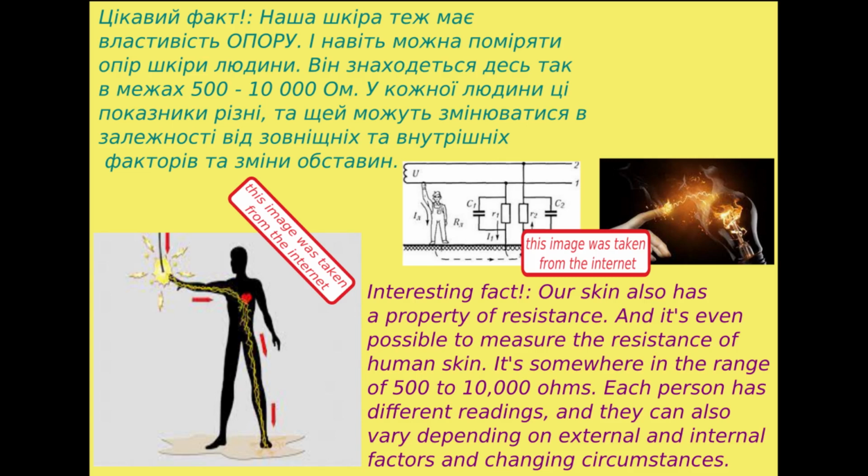This is physics, this is natural. So you should understand, if you want to measure your skin resistance, it means the current should go through your skin. Before you do that, think twice.